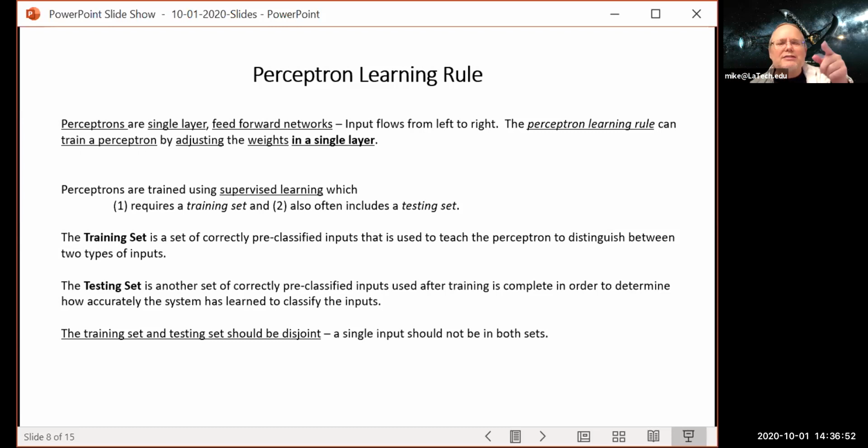You train over lots and lots of training examples that have been pre-classified so that the learning algorithm can know if the perceptron got the right answer or the wrong answer, and then it uses that to teach the perceptron. Essentially, all it's doing is changing the weight vector. But eventually, you hope that it can classify all of your training examples properly.